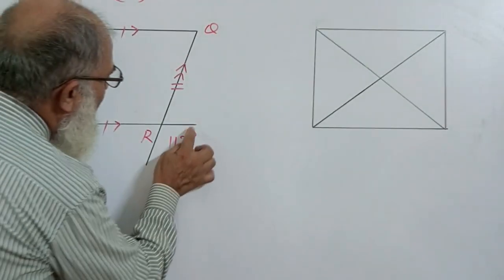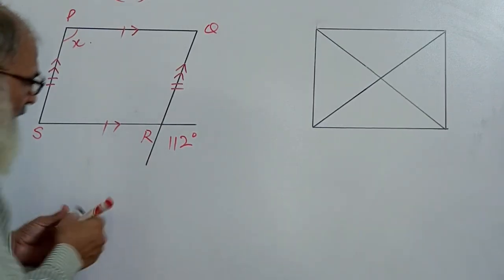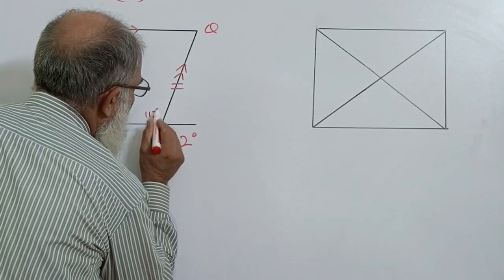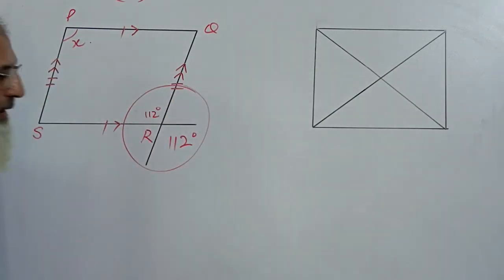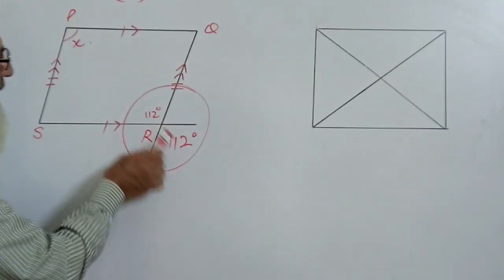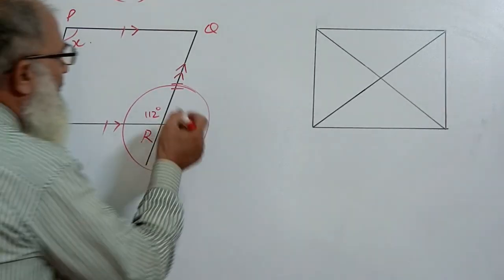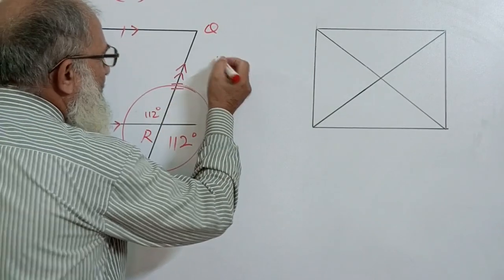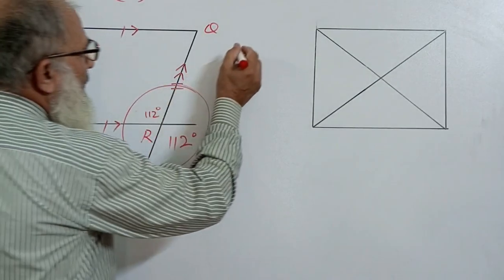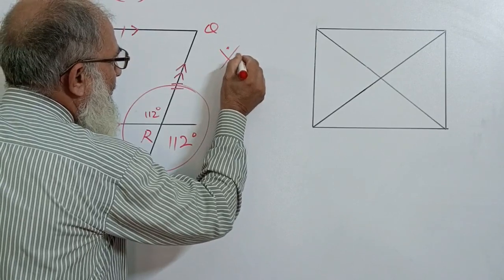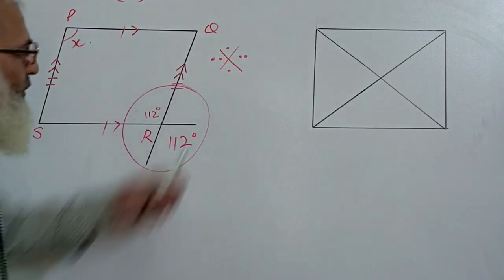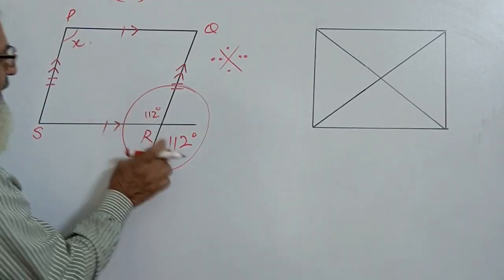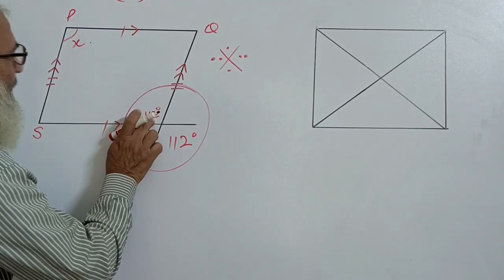Now you see that this is 112 degree, then this must also be 112 degree, because this is a vertically opposite angle. When two lines cut each other or bisect each other or intersect each other at one point, the opposite angles are equal. Using this property, this is 112.